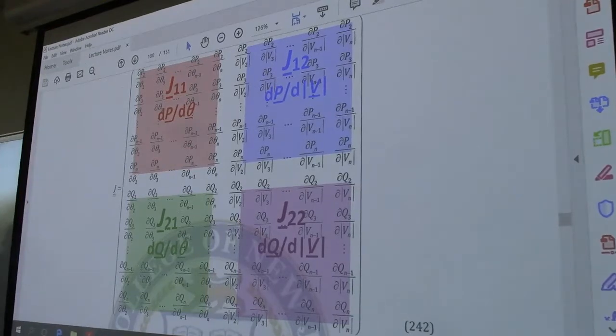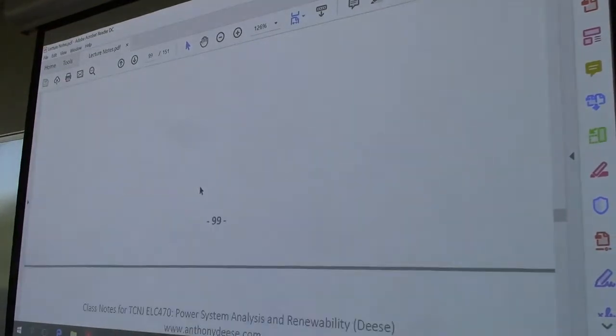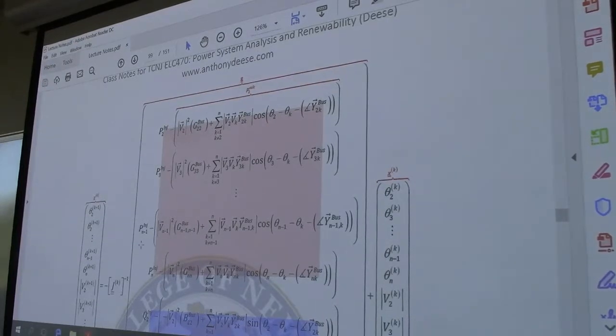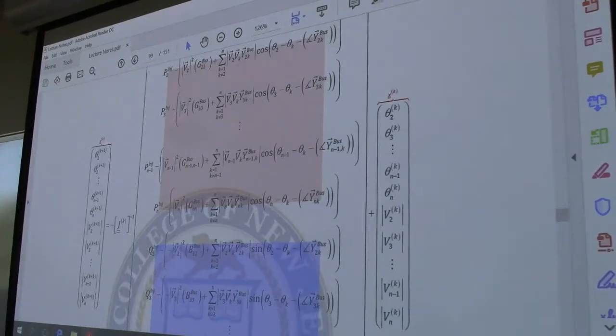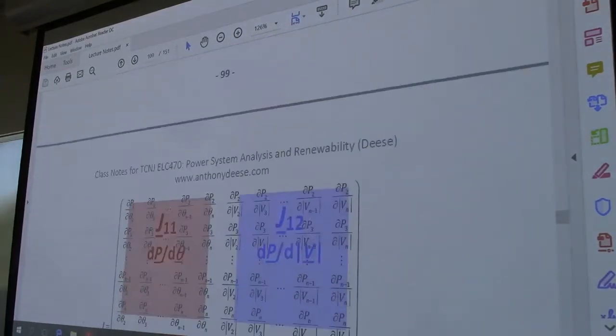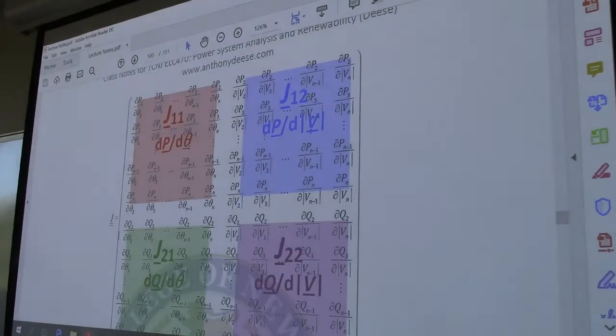So for example, these rows up here, P2, P3, P4, P5, Q2, Q3, Q4, those rows are the same as these rows: P2, P3, P4, P5, Q2, Q3, Q4, Q5. Okay? And again, if you have 3 P's and 6 Q's, same thing you should see here: 3 rows of P, 6 rows of Q.